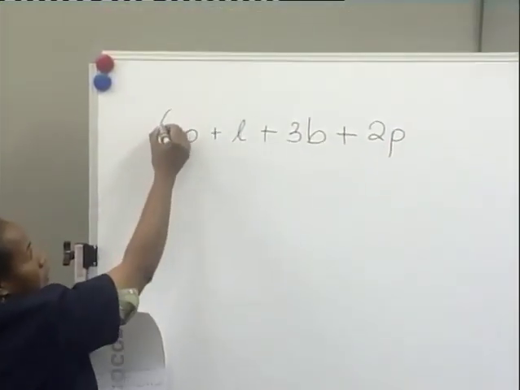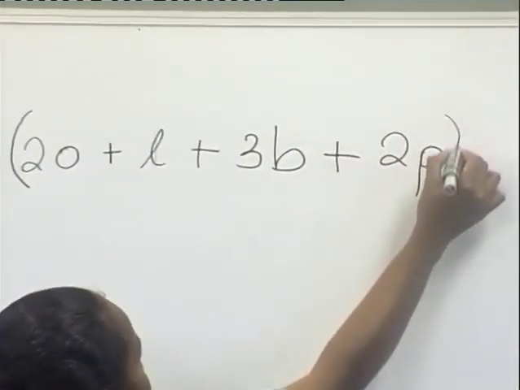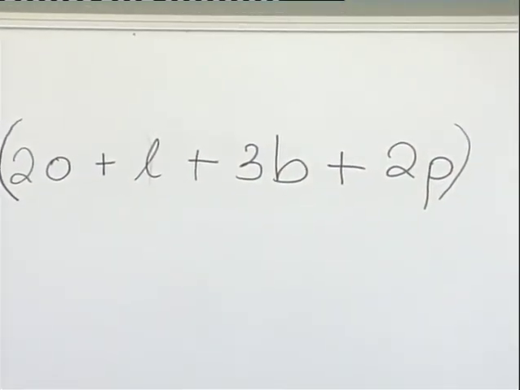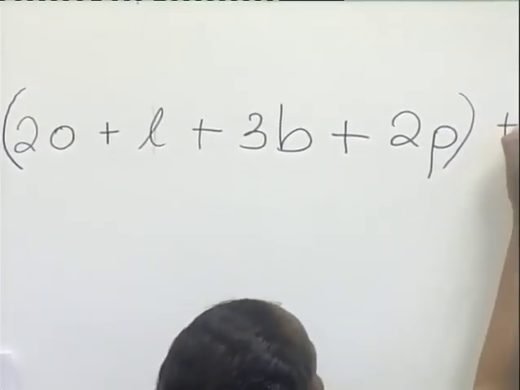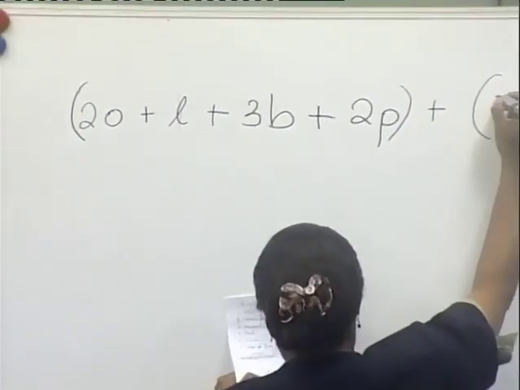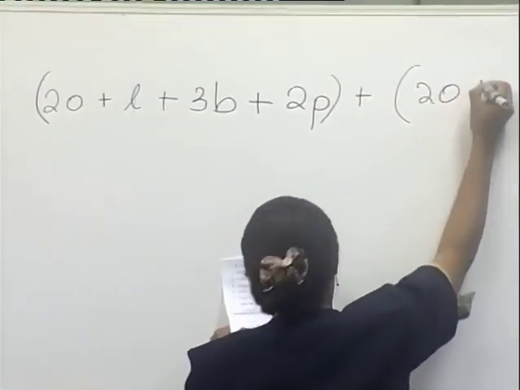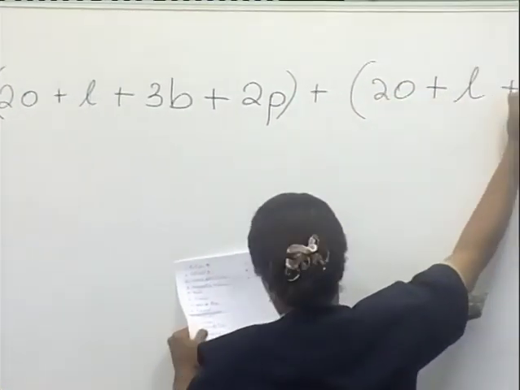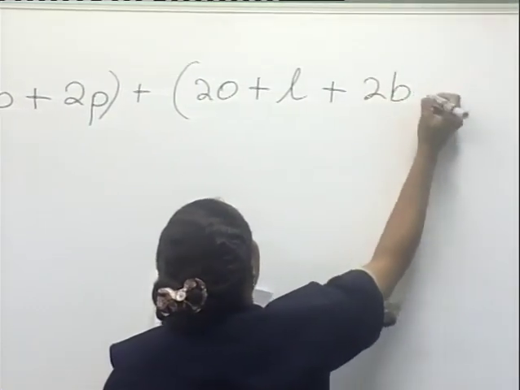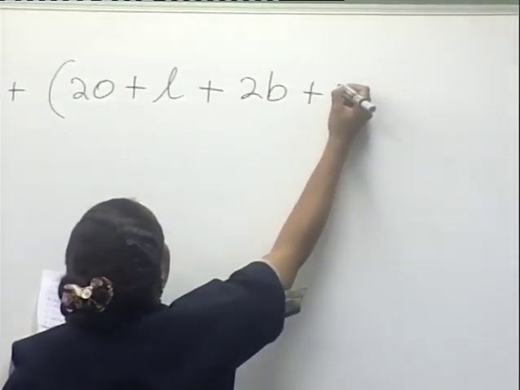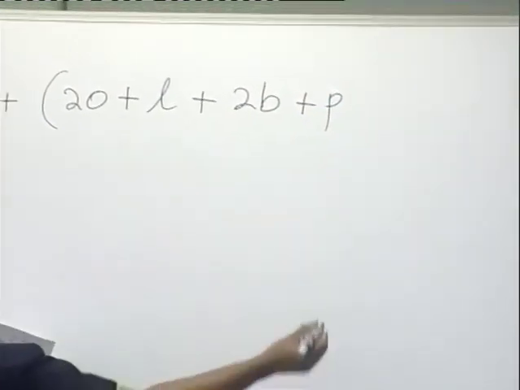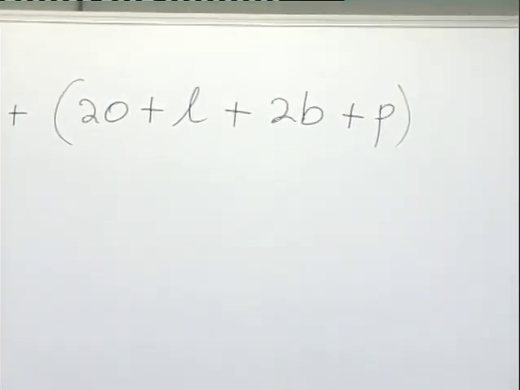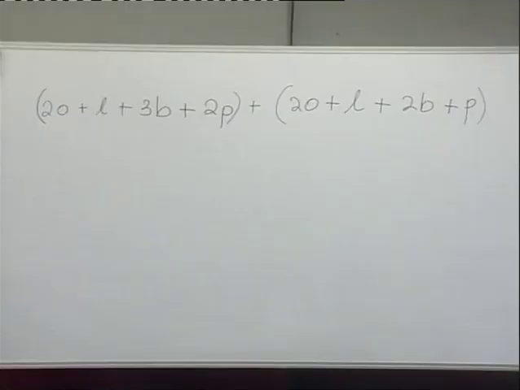So they are in a group, so I put brackets around that to show that they are in one group. Plus, what about group number 2? 2 oranges plus 1 lemon plus 2 bananas plus, can I write 1P? Write P. So they're in one group, therefore we write it as that.